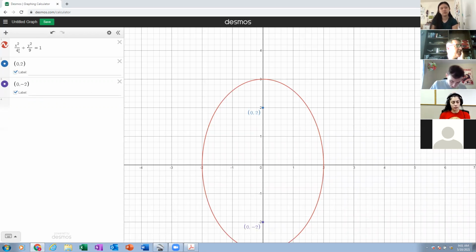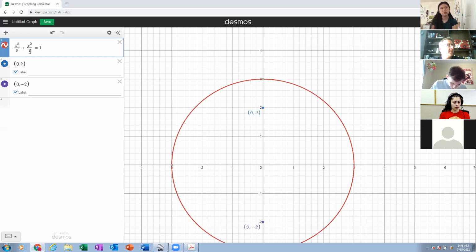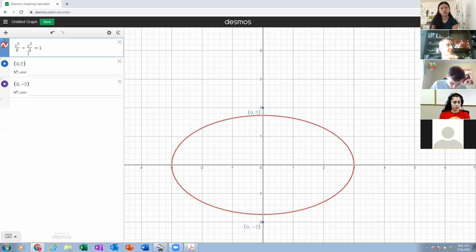Let me change this a little bit because it'll probably be easier for you to see. I wish I could draw on this, but I cannot. I'm gonna make that the 9 and that the 3 for a second. Turn these 2 guys off. Do you agree the major axis is now sideways, which means I could potentially make my same guess here, but then it would have to be 2, 0, wouldn't it? It'd have to be sideways.